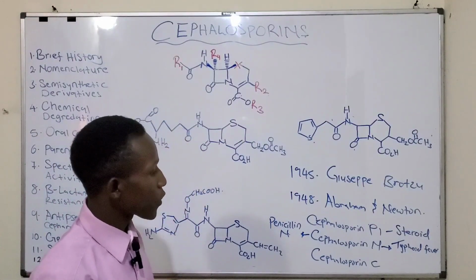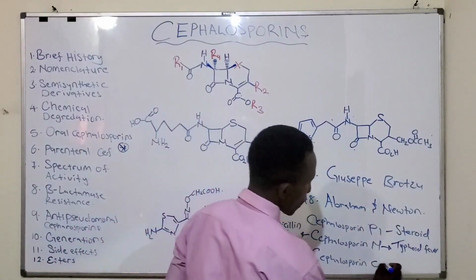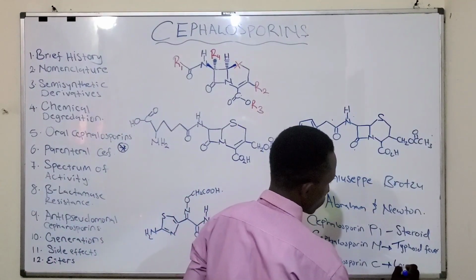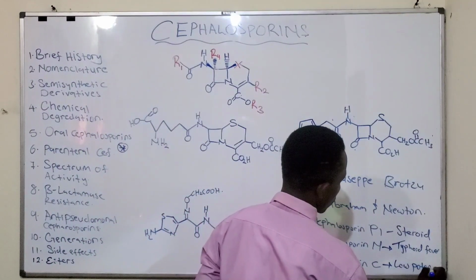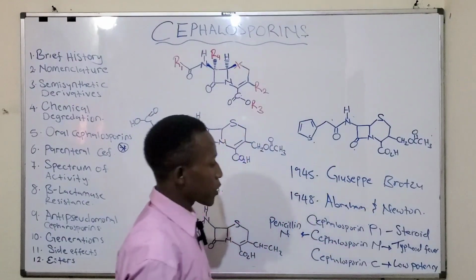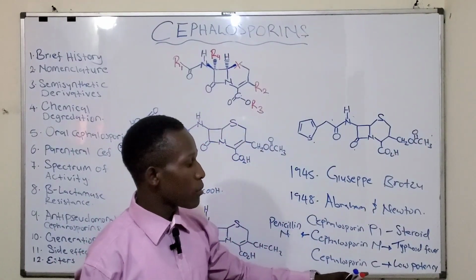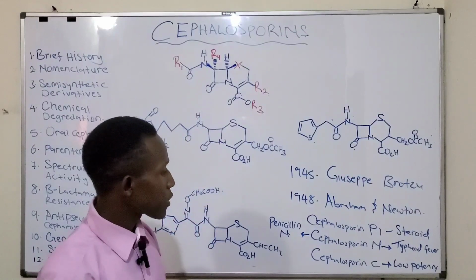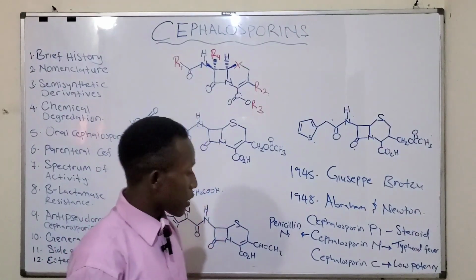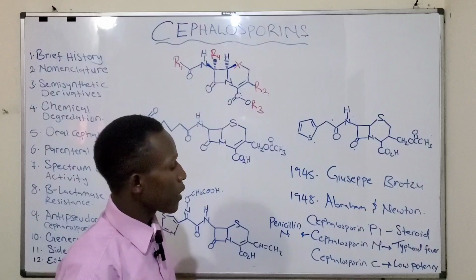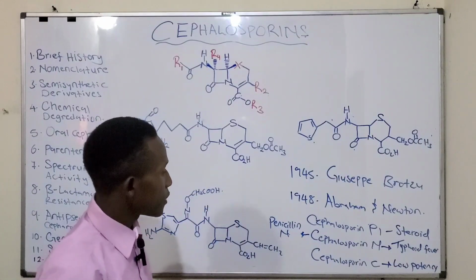Those are the synthetic cephalosporins. Cephalosporin C had low potency, despite being resistant to beta-lactamases produced by Staphylococcus aureus, but had lower potency than even penicillin N and other penicillins.